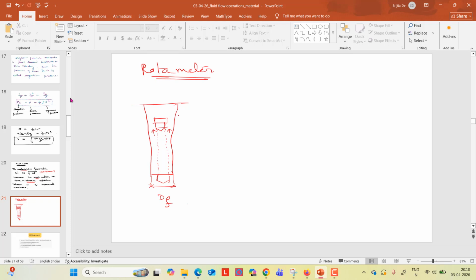This angle is very small, slightly tilted. This is alpha. Okay, so it is around 2 to 3 degrees. And this height is h.